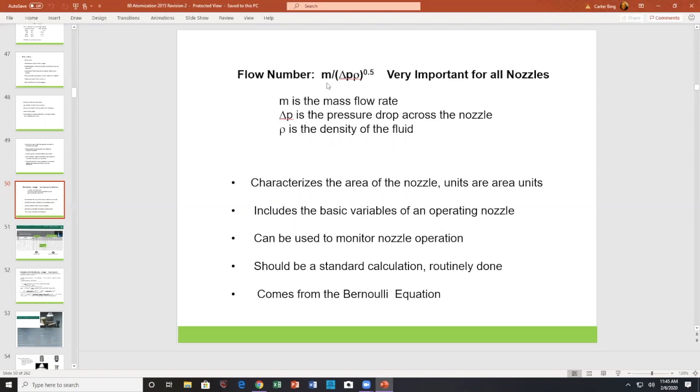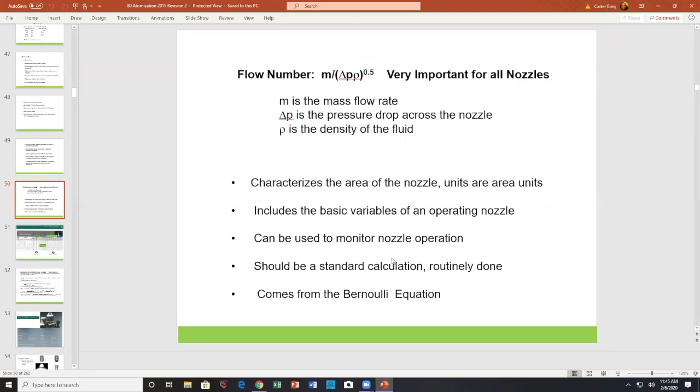And what you want to do is constantly monitor your pressure drop and constantly monitor your flow rates, right? Basically, the units on the flow number, when you have density included, is area, basically. Got to watch out for your units.